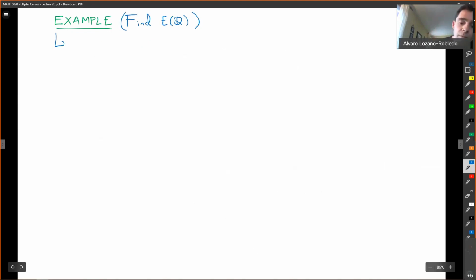My elliptic curve is over Q, and it has full two torsion over Q. It's the elliptic curve x cubed minus 12x squared plus 20x. That factors completely as x times x minus 2 times x minus 10.